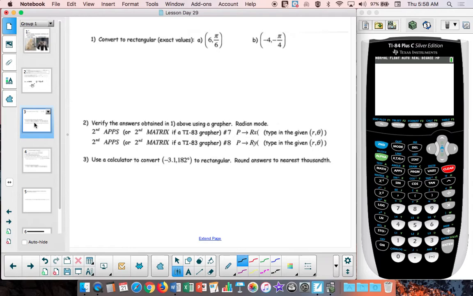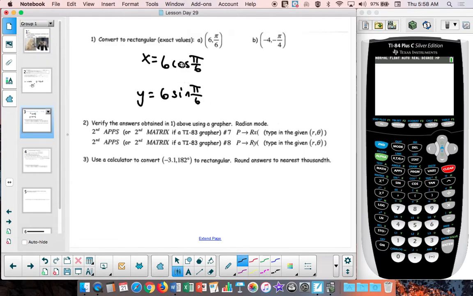So when we do this, we're converting to rectangular, so we want to change this into an x and y coordinate instead of r and theta. The x coordinate is going to be r times cosine pi over 6, and then y is going to be 6 times sine pi over 6.